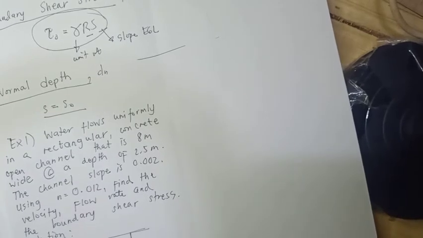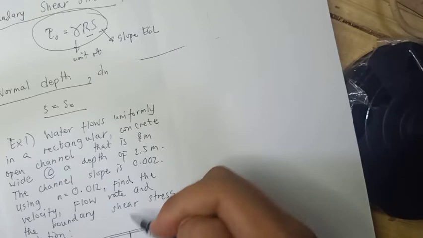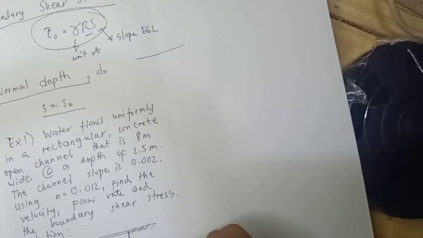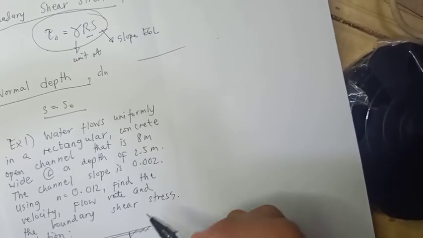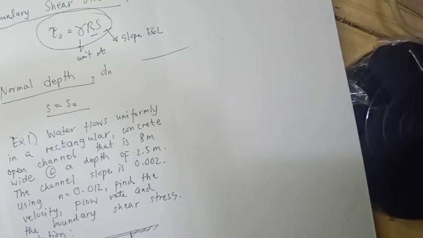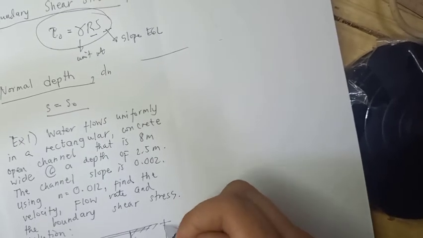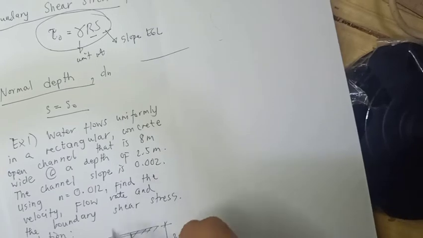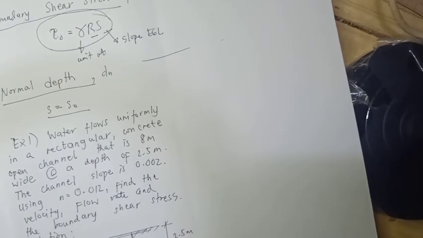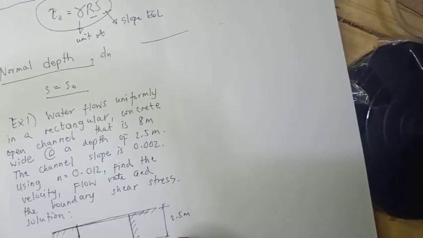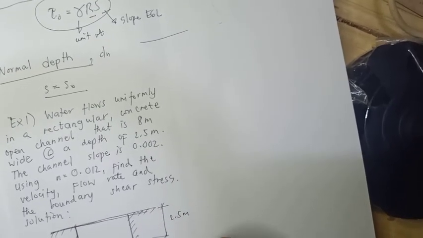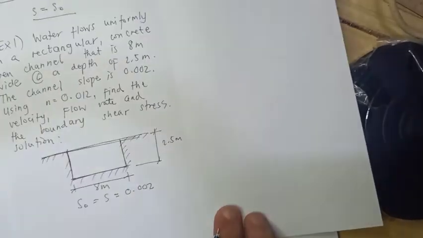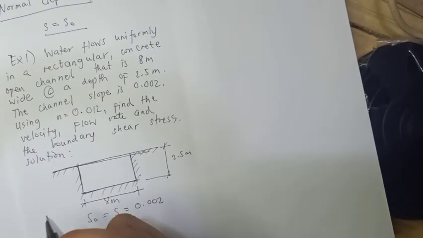For you to be acquainted with the problem, like open channels, search for what an open channel looks like. Not all channels or conduits are circular; again and again, it can differ. So the depth is 2.5 meters, and here is 8 meters. And there is a slope of 0.002, which is also equal to the slope of the channel bed. So, let's find the velocity.